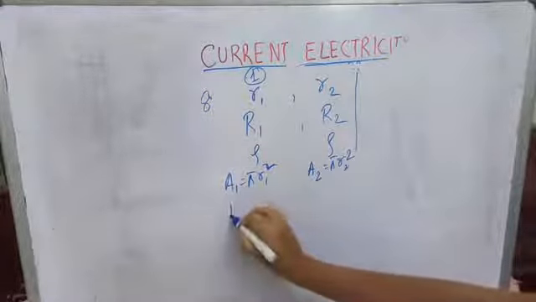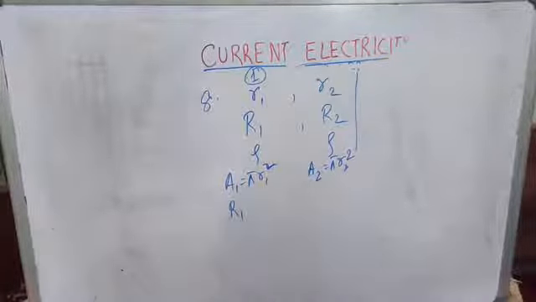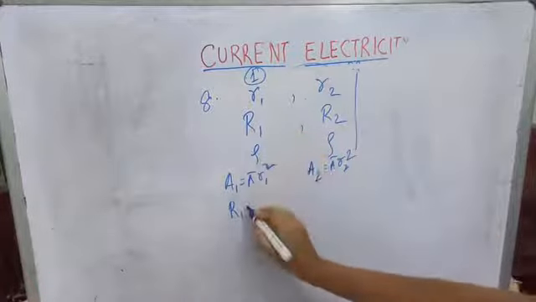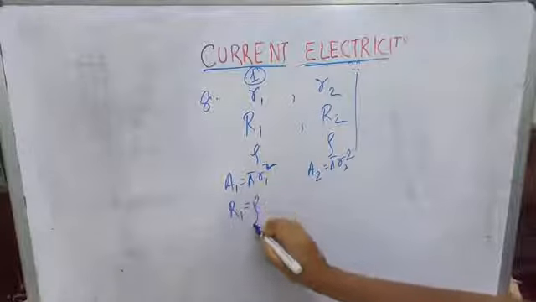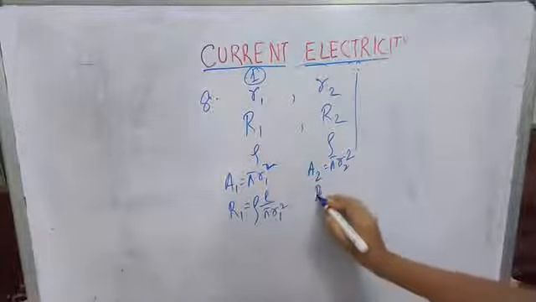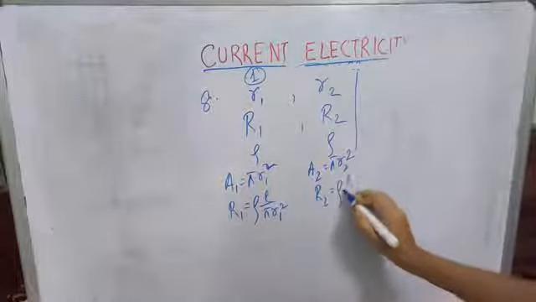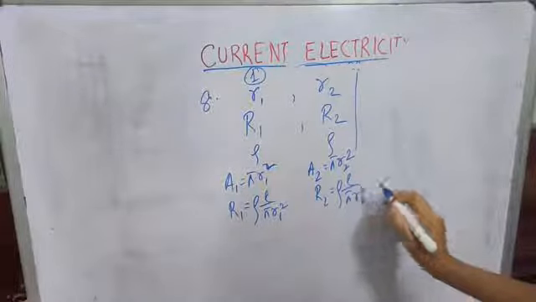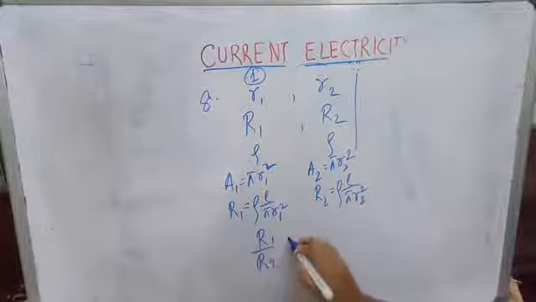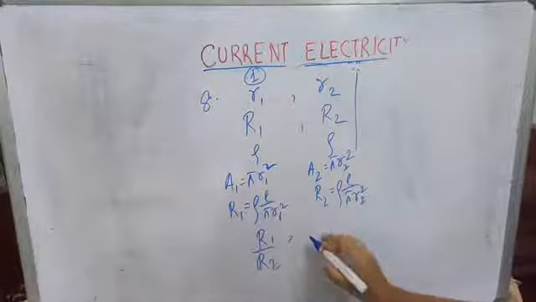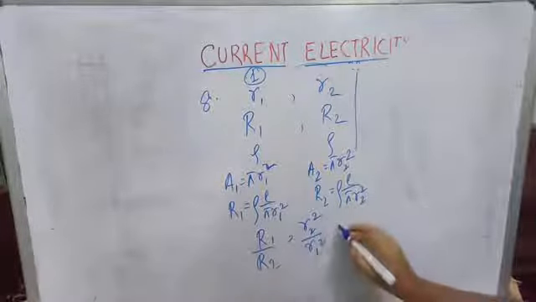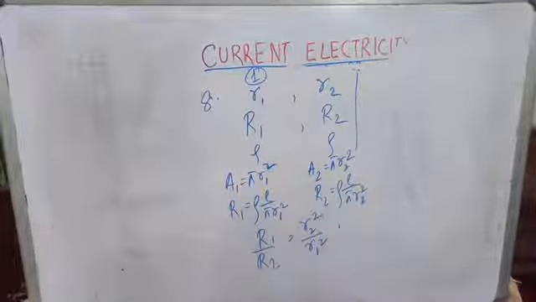Because the lengths are same for both the wires, R1 is equal to rho L by pi R1 square, and R2 is equal to rho L by pi R2 square. So what will be the ratio? R1 is to R2, dividing this by this, is R2 square by R1 square.